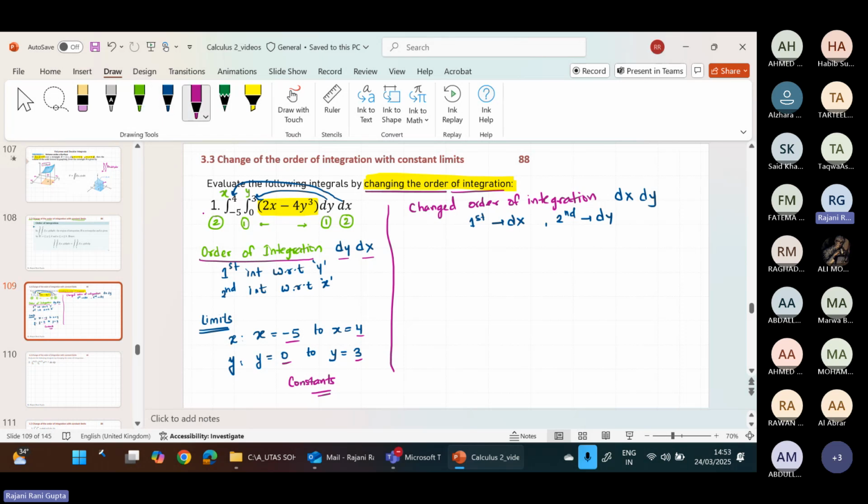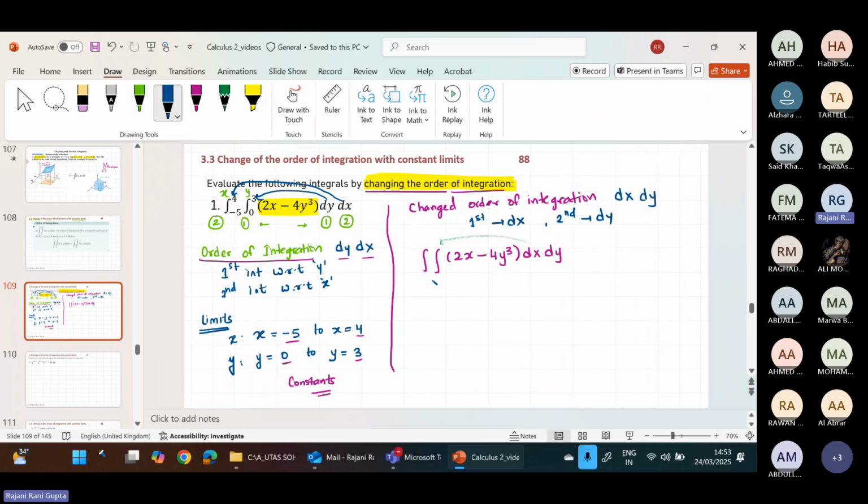Okay, so what will happen? Let's see. You will write your integral, your question. So you'll write double integral 2x minus 4y cube, dx dy, this order of integration. If it is dx dy, in the first integral you should have limits for x.